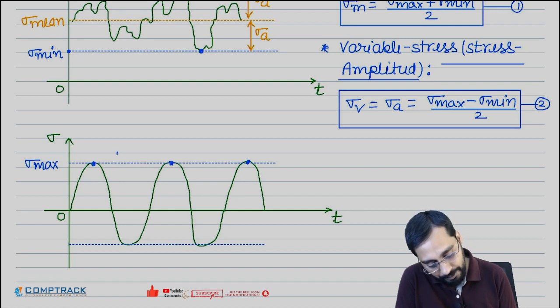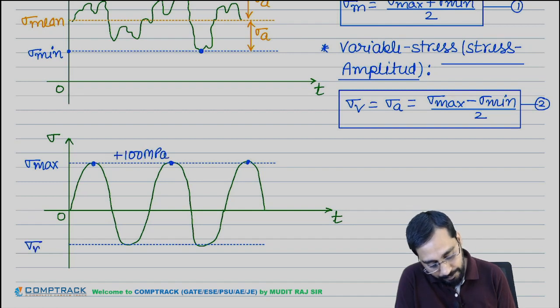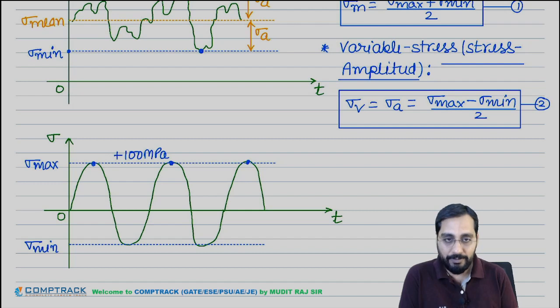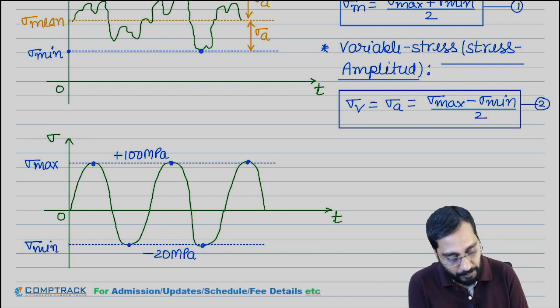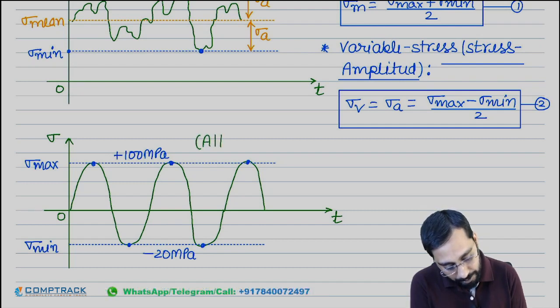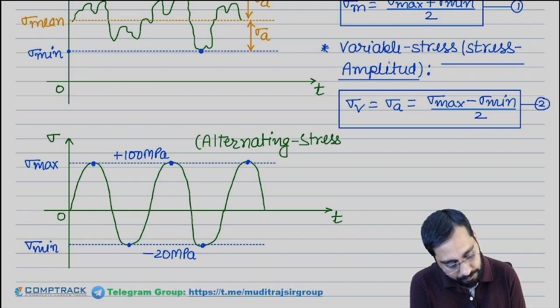Let's say this maximum stress is plus 100 megapascal, and the minimum stress is on the reverse, opposite side. All these points are equal, so this will be, let's say, minus 20 megapascal. For this case this will be called alternating stress, or alternating loading.